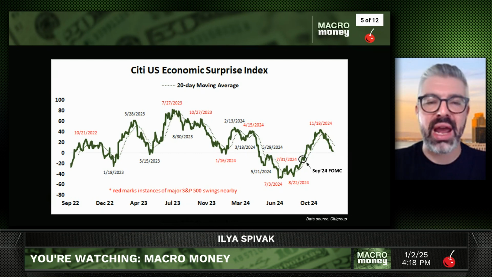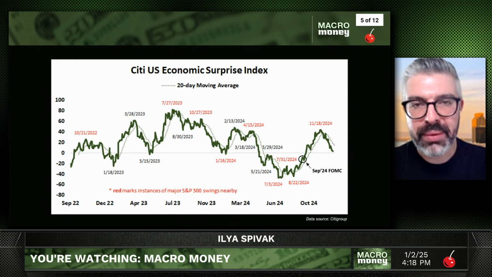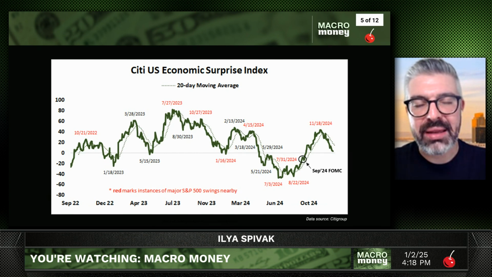And so the market said, okay, wait a minute. The Fed gave us all this dovishness, basically everything that we were asking for, but the game has changed in the background. Now it looks like we're actually going the other way.